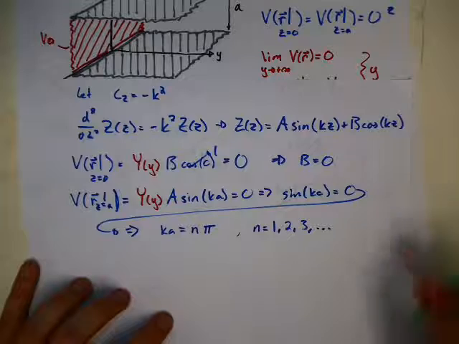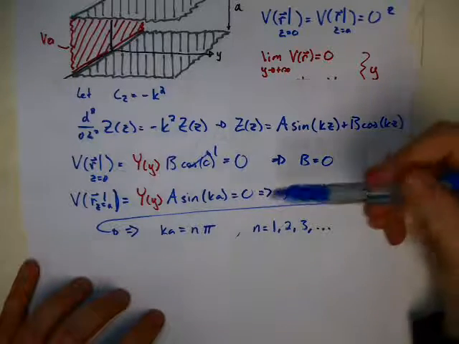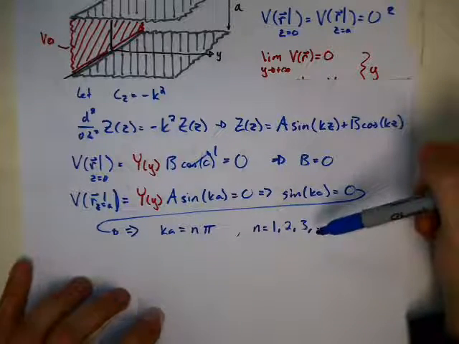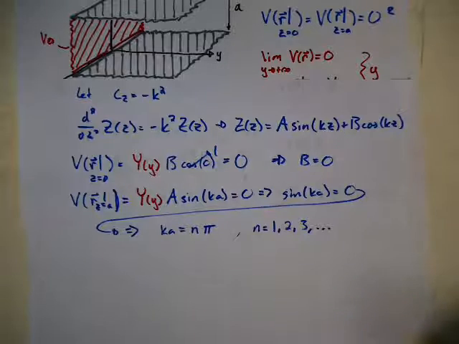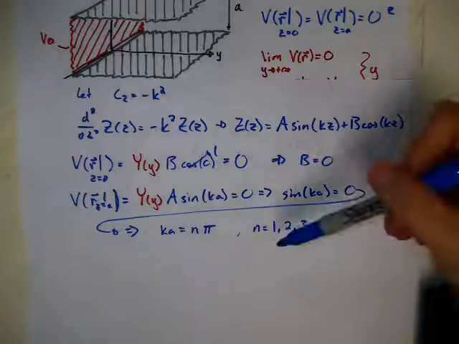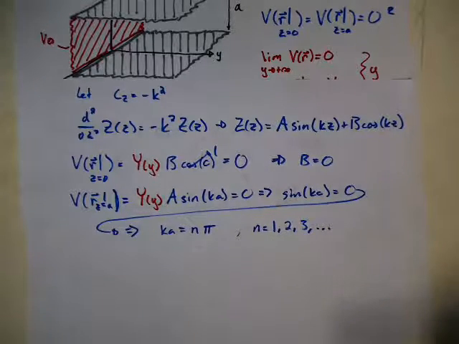Now, I went through the analysis on how we justified that we only cared about n equal to 1, 2, 3. Truth be told, when you're doing these problems, you do this again and again and again so many times that you just tend to memorize that when you have the sines, you only care about the positive integers greater than 0. Okay, so you just learn this after doing this a few times.